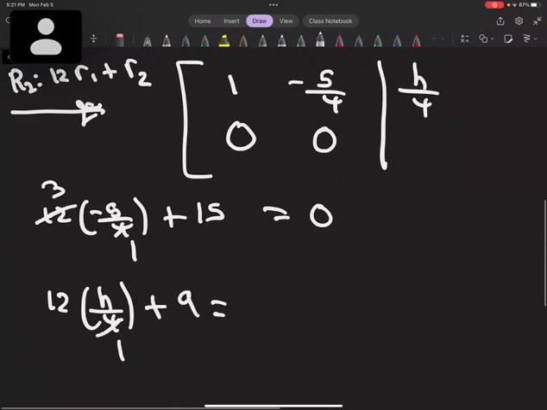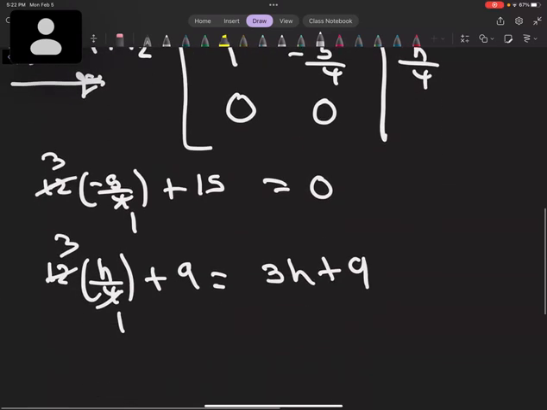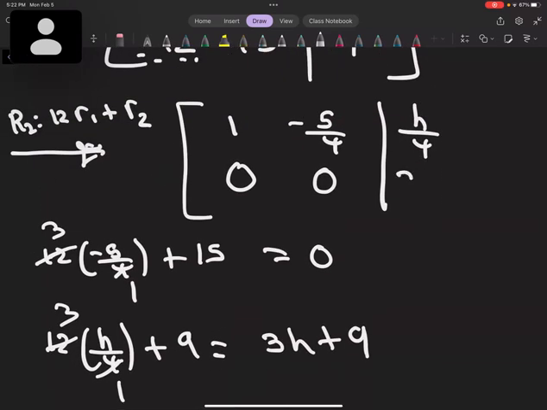So 12 over 4 is 3, that will be 3h plus 9.